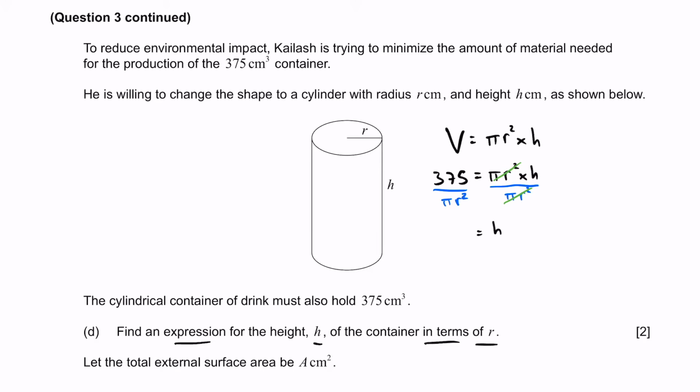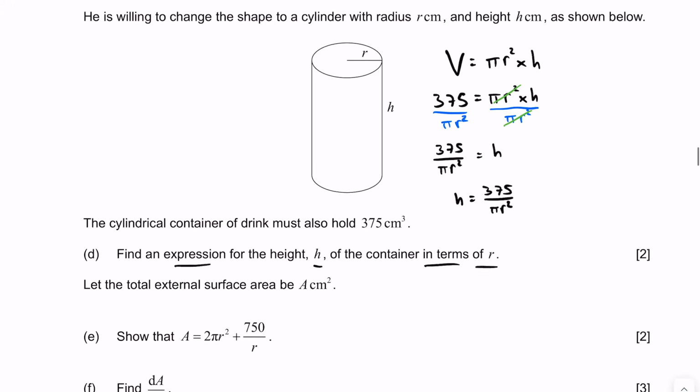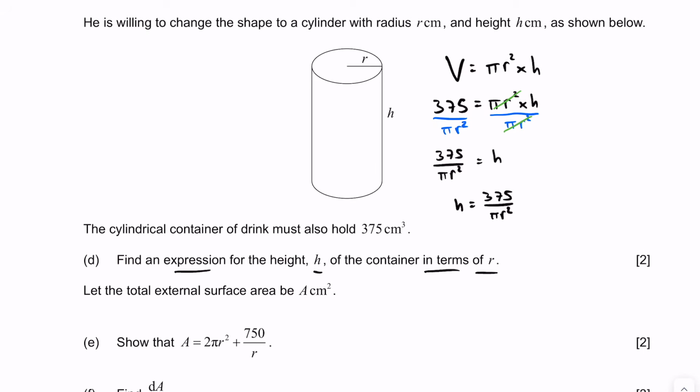Now we have h all by itself, and it is equal to 375 over pi r squared. And if we wanted to, I guess we could rearrange this and just switch it to the other side. All right, so there it is. Find an expression for the height h of the container in terms of r. h is equal to 375 over pi r squared.